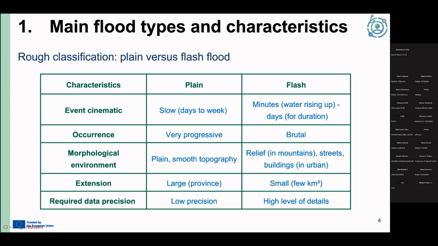We can say that this event is local because it's only on a few square kilometers compared to plain flood, which can be in a whole region. Due to the characteristic of the flash flood, because it happens in streets, in urban areas, we need a very high level of details, so a good resolution.